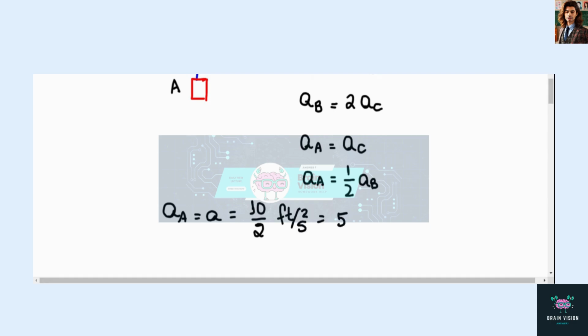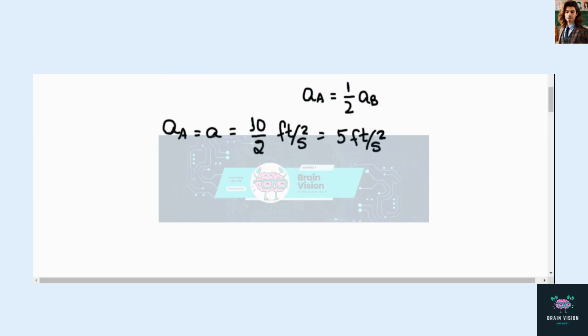So this is equal to 5 feet per second squared. This is the acceleration of point A. Okay, so we found the first thing we needed.